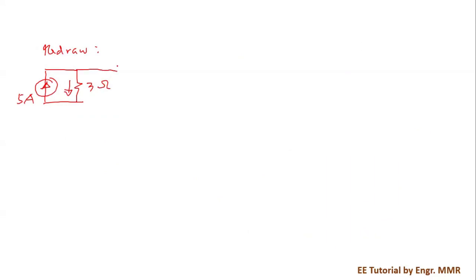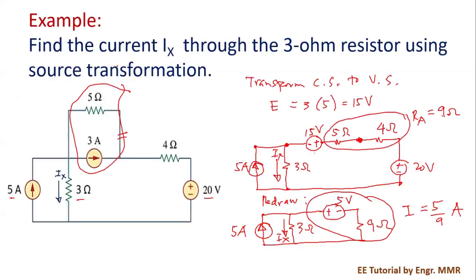And then, okay, look at our figure here. Since the plus sign of the source is connected at this node, if we have to find a current, the direction of the current is like this.